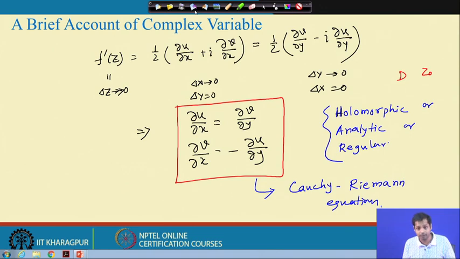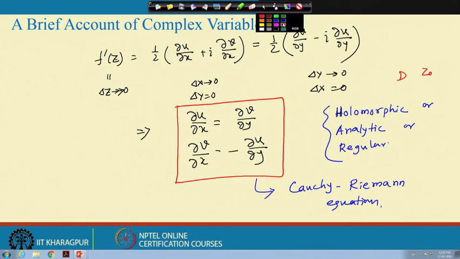Before that, you can do this exercise in terms of polar coordinates, meaning the functions are written in terms of r and theta. Here we have expressed z in terms of x and y. If you express z as r e to the power I theta, then you will also get a relation between the real part and the imaginary part of the function.